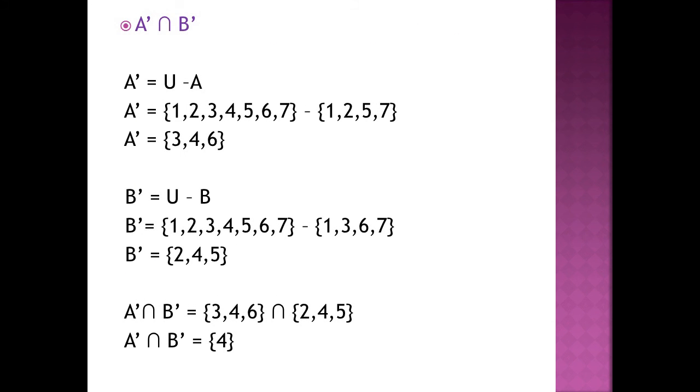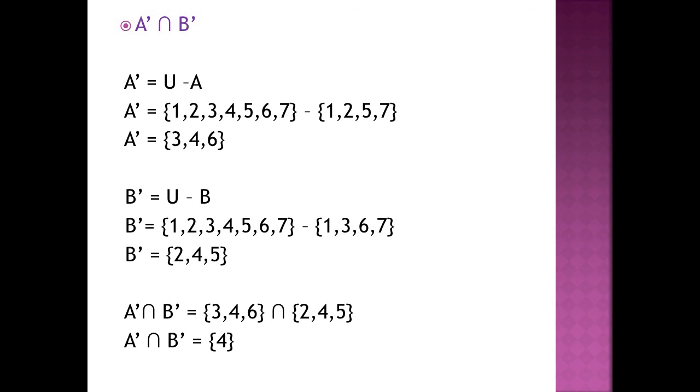A complement intersection B complement. A complement is equal to U minus A. We know the formula. A complement is equal to {1, 2, 3, 4, 5, 6, 7} minus {1, 2, 5, 7}. We know that after subtraction we will get {3, 4, 6}. A complement is equal to {3, 4, 6} because we have 1, 2, 5, 7 in both of the brackets. It will be cancelled.